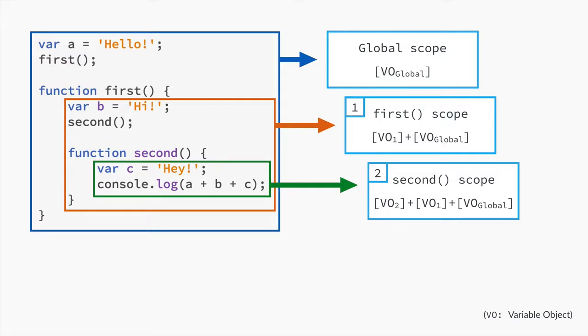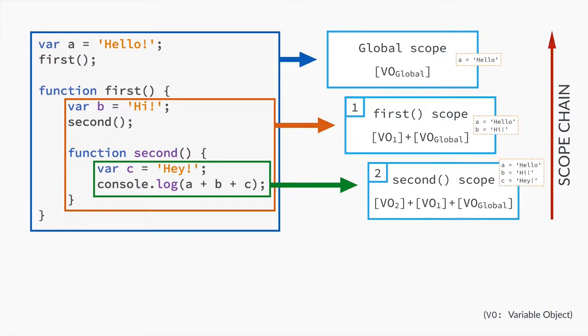And the same happens for variable a. It does not find it in the current scope, and also not in the parent scope, so it goes even more up, all the way to the global scope. And this is exactly called the scope chain. Only if the JavaScript engine does not find the variable anywhere, it throws an error and stops execution.